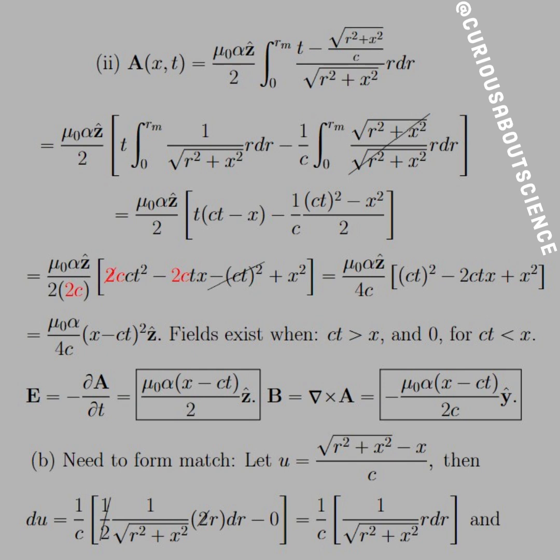The other one is the same as last time. So we just have a t times ct minus r, or ct minus x, with mu naught alpha in front as our constants. And then we just have a 1 minus c over, with a ct squared minus x squared over 2. Again, integral calculus, not that terrible here, once we set it up, of course.